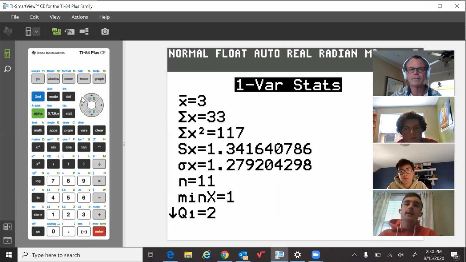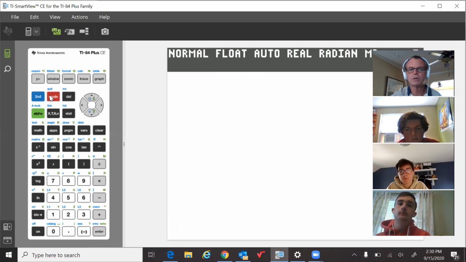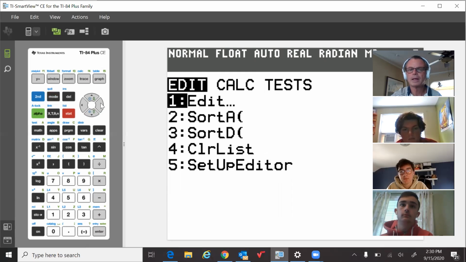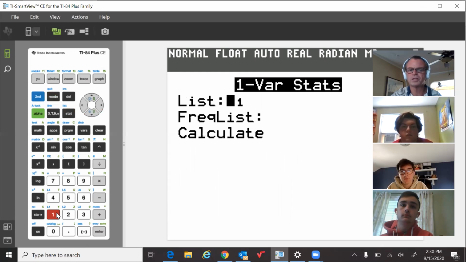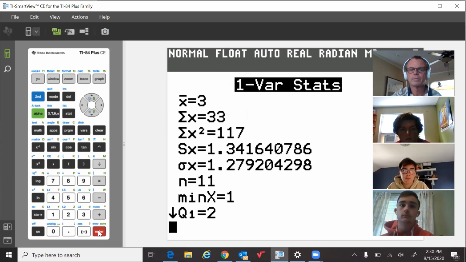So I could do that, or I could do this. Stat, calc, 1 variable statistics. I put the friends in list 3 and the frequency list in list 4, and you get the same answer. You get all the same data.